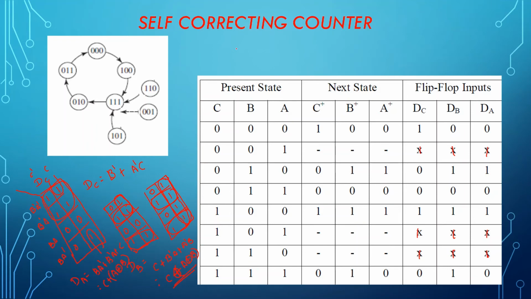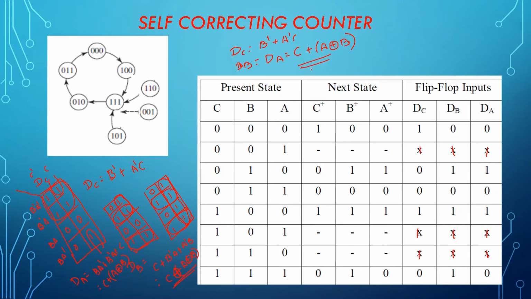So you get the equations, right? DC is B dash plus A dash C, DB is equal to C plus A XORed with B, and DA is equal to C plus A XORed with B. So these are the equations you have.